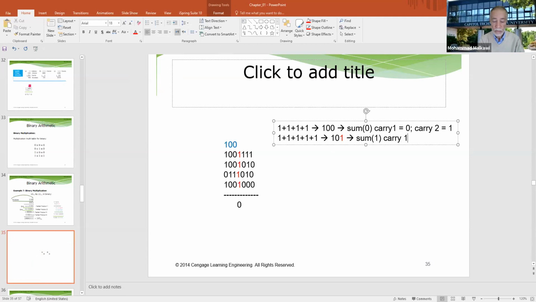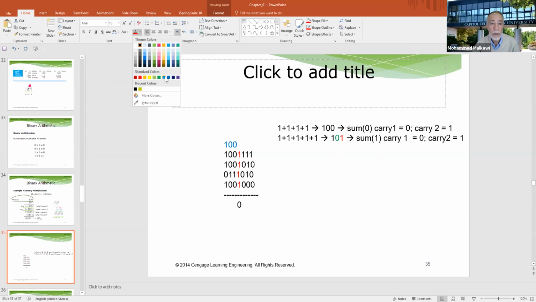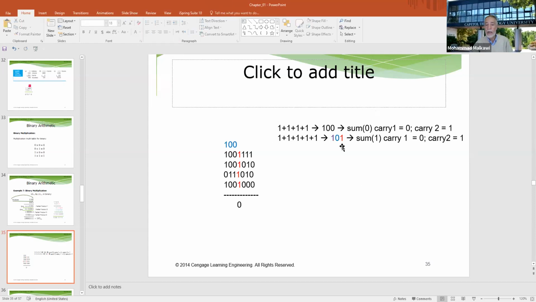Carry 1 equals 0, and carry 2 equals 1, which is my first carry and the second carry. The sum is in red, blue is first carry, and pink is the second carry. So that's what we need to take into consideration in our multiplication.